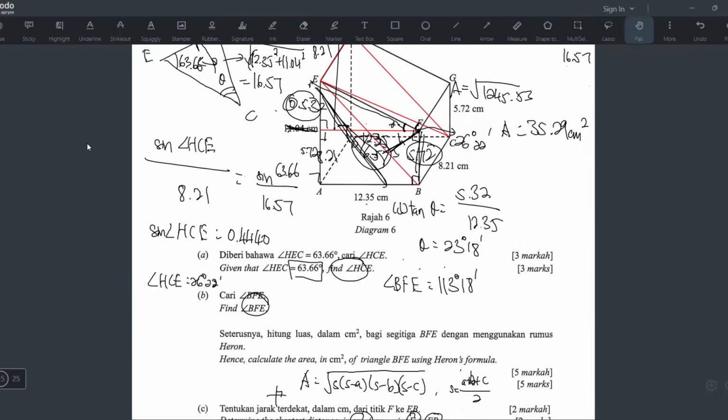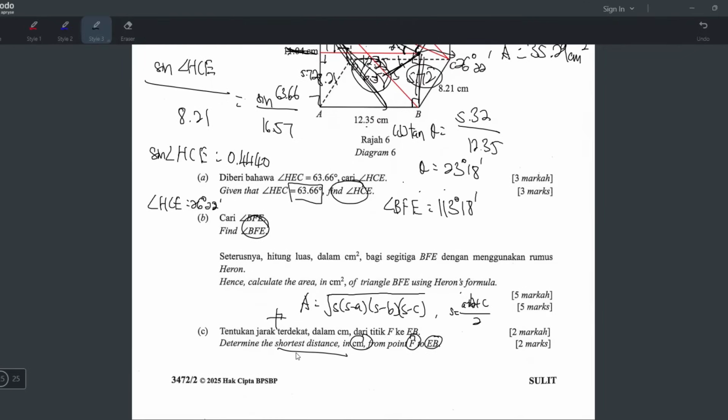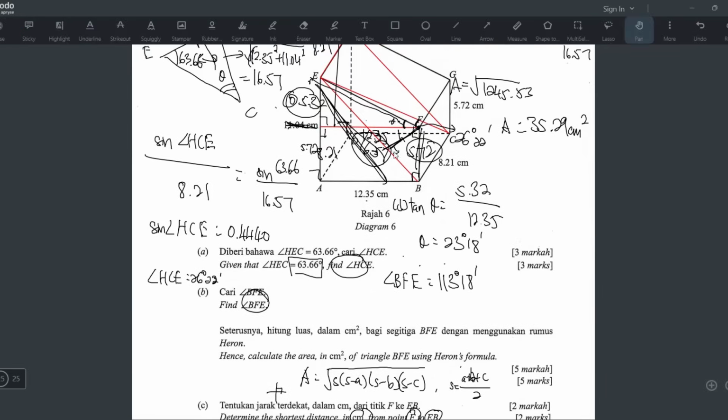When you are doing solution of triangle questions, remember this: when they ask for shortest distance, you will always use area to do it, with the half times base times height formula. So you just do a half times base times height, right? For the base, you take the EB line, which is 16.57.